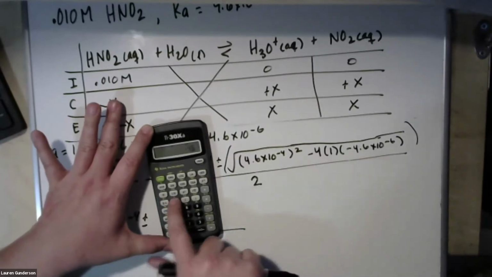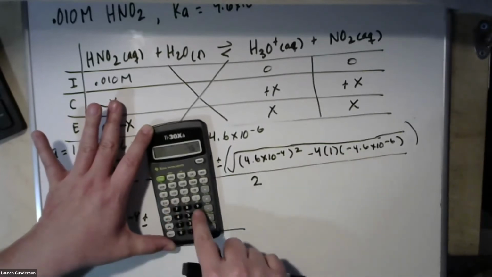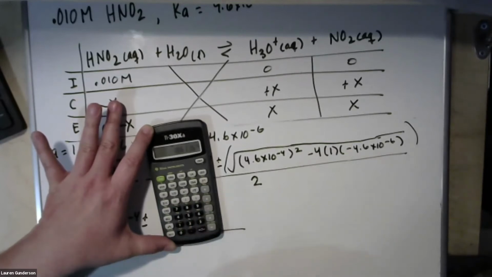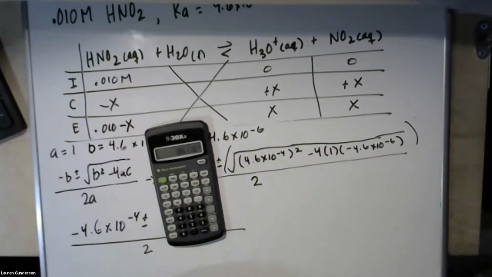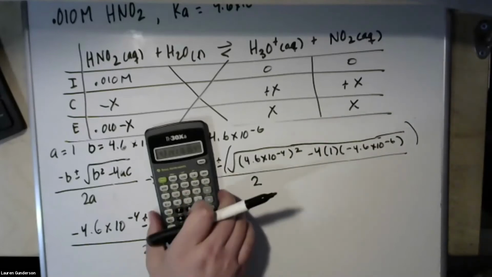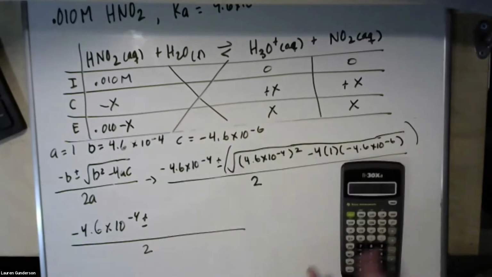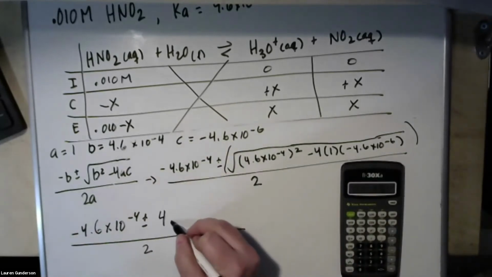And then I'm going to use my scientific notation key again and have a negative 6 exponent. And I'm going to close my parentheses. And I get this value. And then I'm going to take the square root of that value. And I get 4.314 times 10 to the negative 3. And that's what I plug in over here.